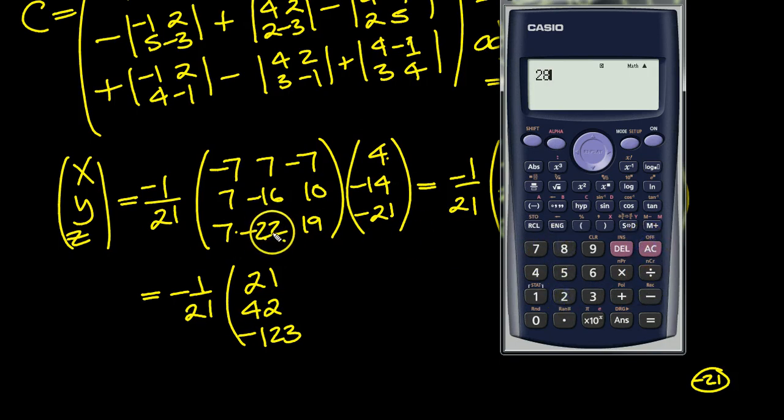And then we've got minus 22 times minus 14, so that'll be a plus. So just put plus 22 times 14. And then we've got minus 19 times 21 equals minus 63. And that sounds a whole lot better, doesn't it? Minus 63.